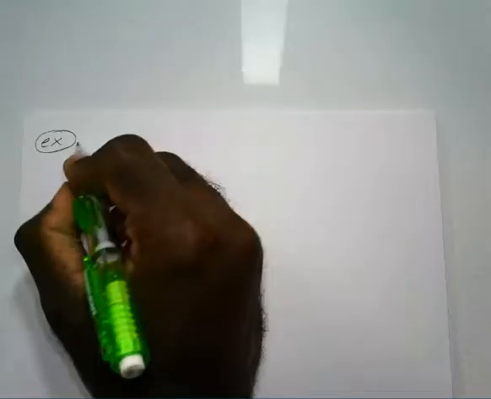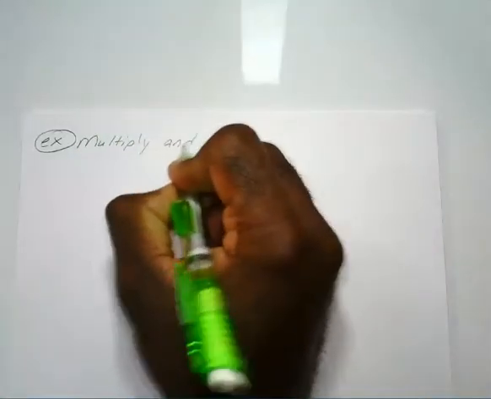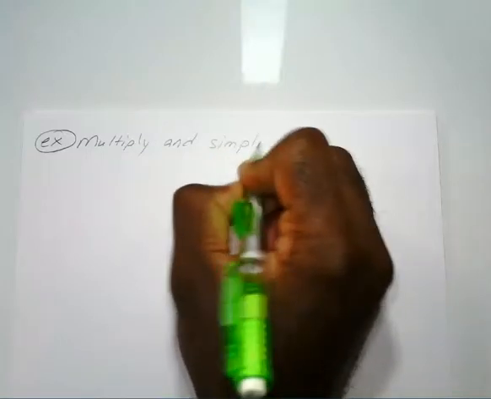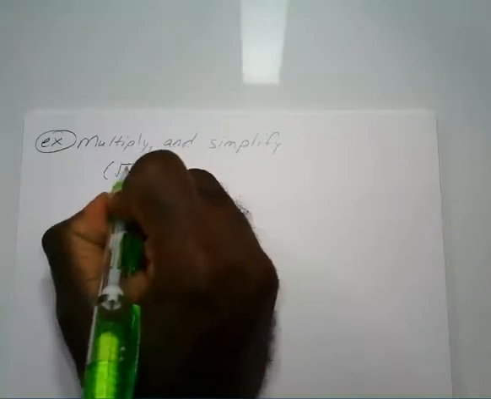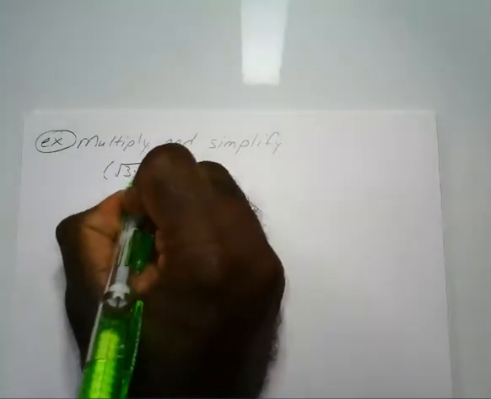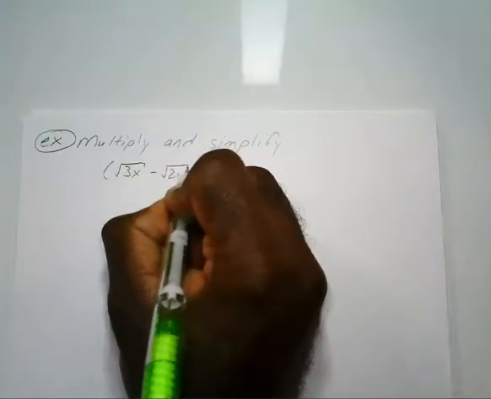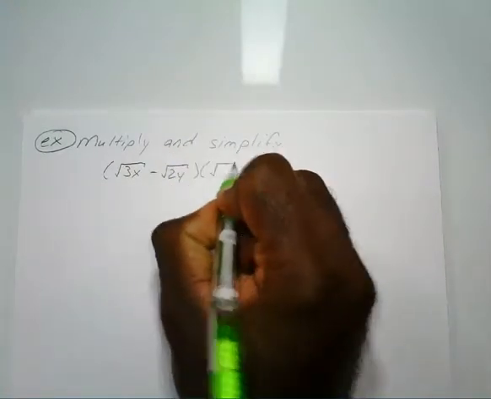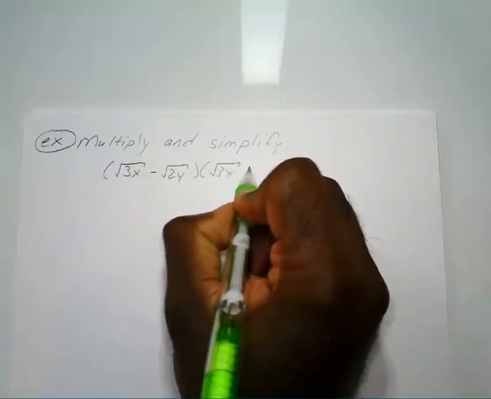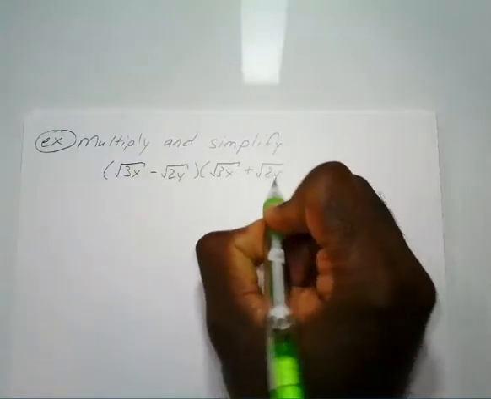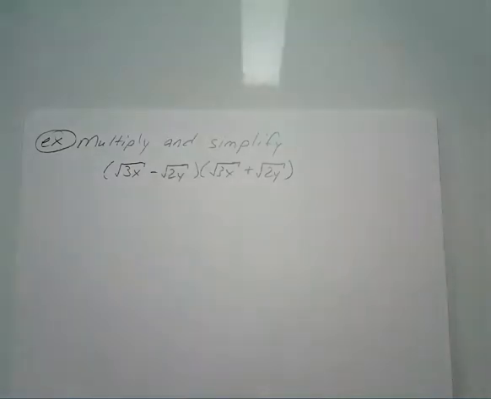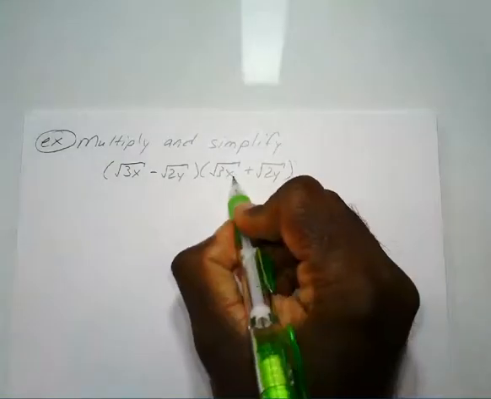All right, so let's say, for example, we want to multiply and simplify, say, square root of 3x minus square root of 2y times square root of 3x plus square root of 2y. Make that a little clearer. There we go.